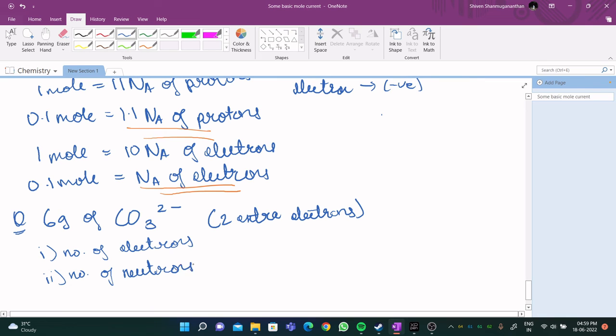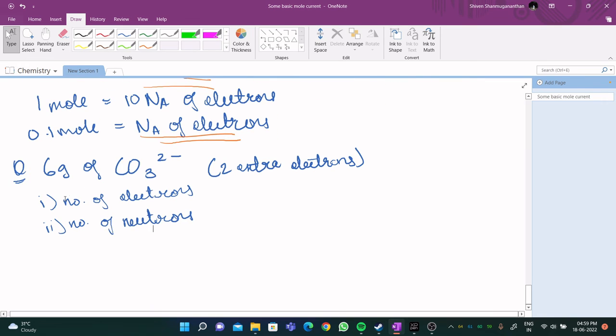Right. Okay. So let's start off from the basics. We have to find out the number of moles, right? So molar mass of CO3 2 minus. Again, we'll ignore the charge when we are calculating the weight, because the charge doesn't contribute anything to the weight. So we have carbon, which is 12.